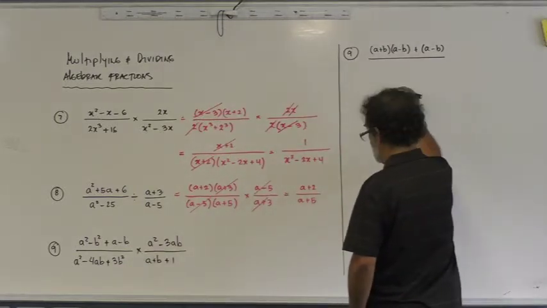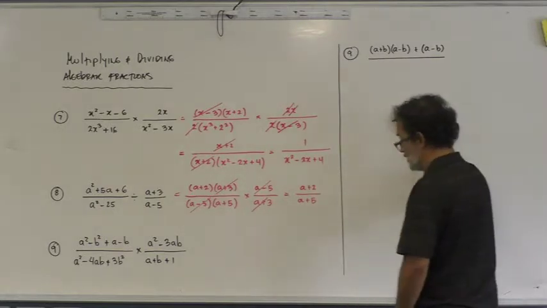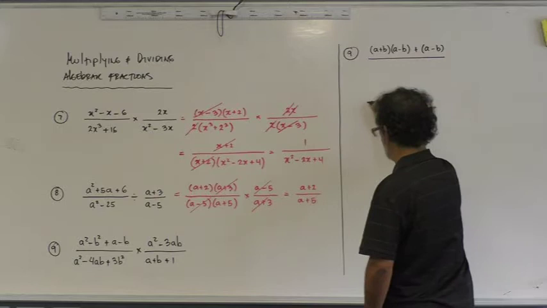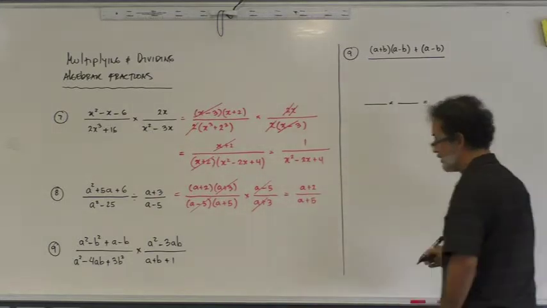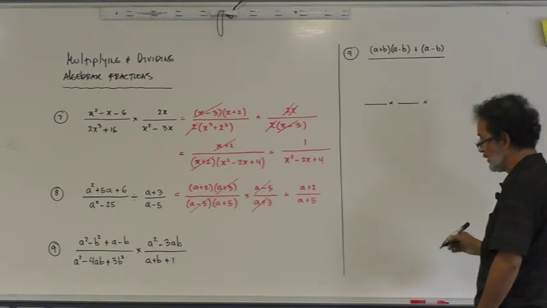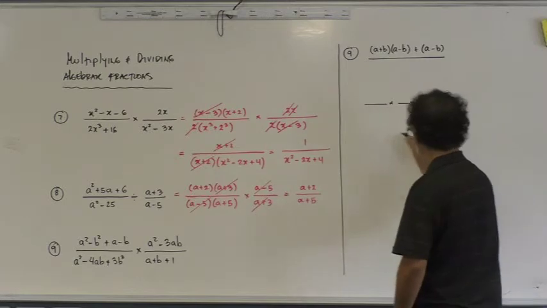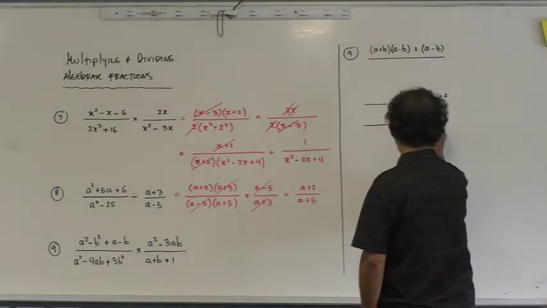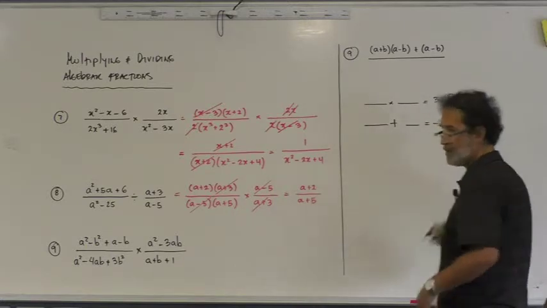I'm going to do the calculation here, and then we're going to write it down. We need to find two numbers that when you multiply them together equal 3b squared, but when you add them together the answer has to be negative 4ab.